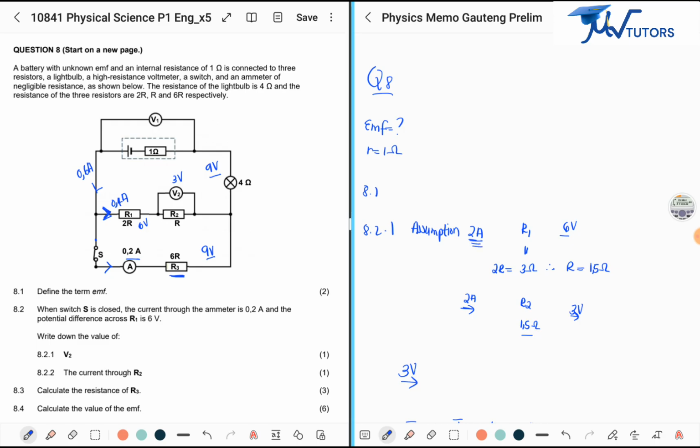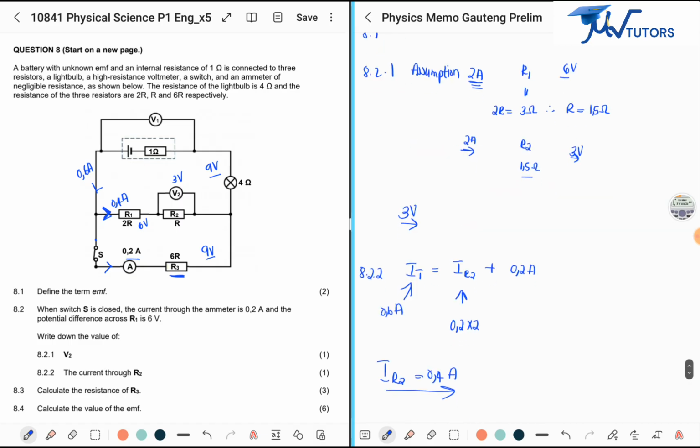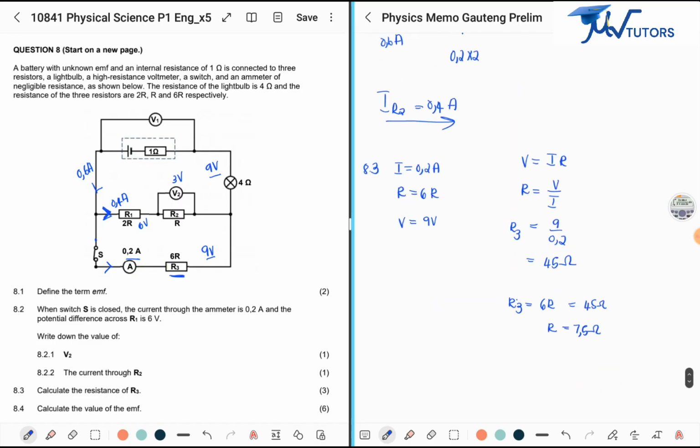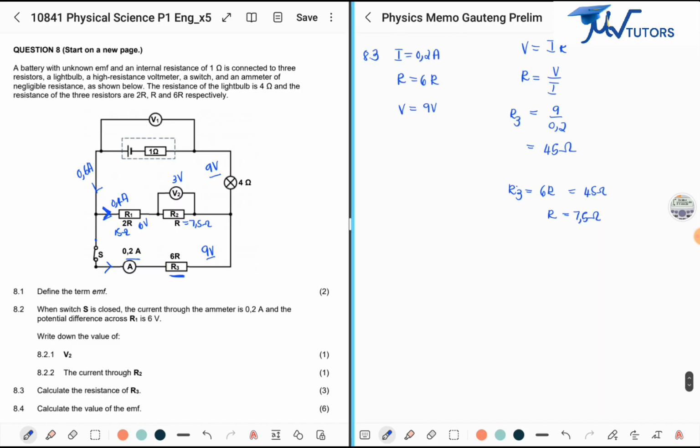So please don't think R1 is 3 ohm and R2 is 1.5. That was just an assumption. So now we know R is actually 7.5. I'm going to write that down. And we have 2R as 15 ohm. But anyway, the answer is 45 ohm.